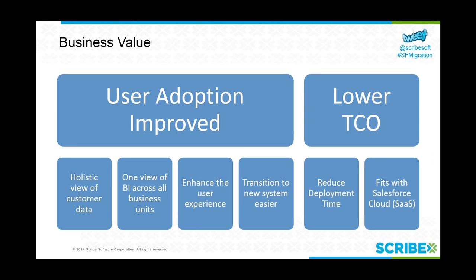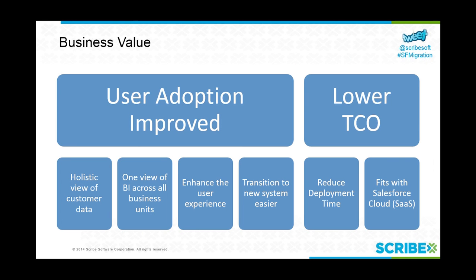By making Salesforce your central hub of customer data, your users will gladly reciprocate by adopting the technology and providing you with the critical business intelligence that you are seeking about your customers and about your prospects and leads. Now, Scribe Online was purpose-built for aggregating customer data into CRM from other applications and other data sources.